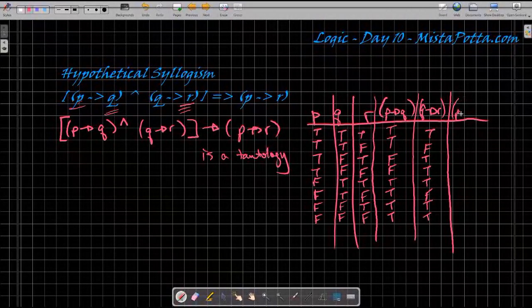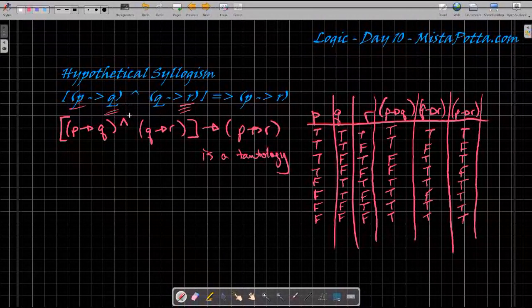And I've got P conditional R. So that's going to be true, false, true, false, true, true, true, true. And this allows me to complete my argument here.